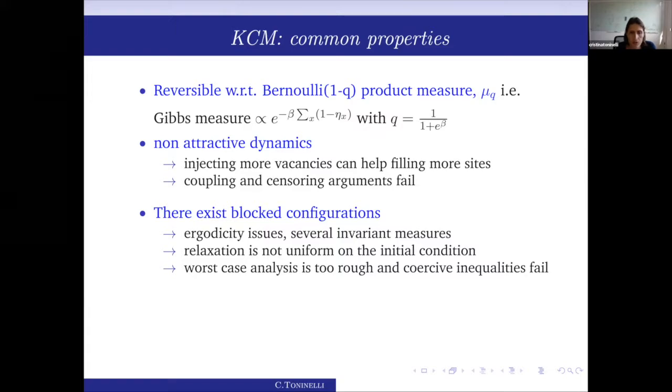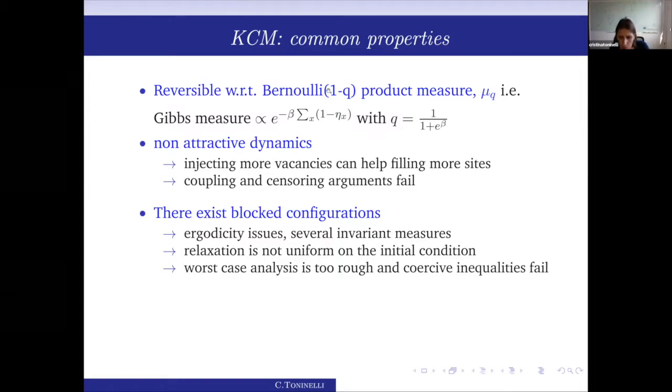Due to the presence of the constraints, there are configurations that are blocked under the dynamics, and measures which are concentrated on these configurations, or on different superpositions of these blocked configurations, are also invariant. As a consequence, we will have to deal with some ergodicity issues, with the presence of several invariant measures, and also with the fact that it's not possible for this model to have a relaxation which is uniform to this equilibrium measure, to this Bernoulli measure, on all initial conditions.